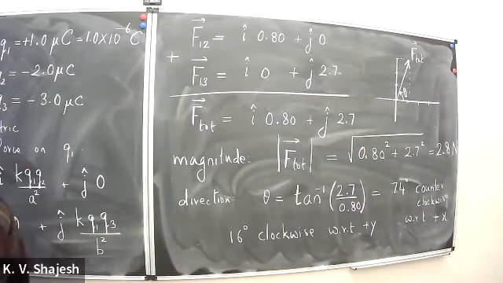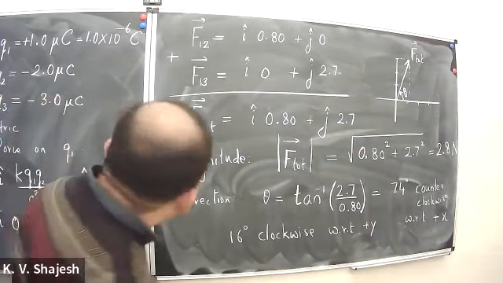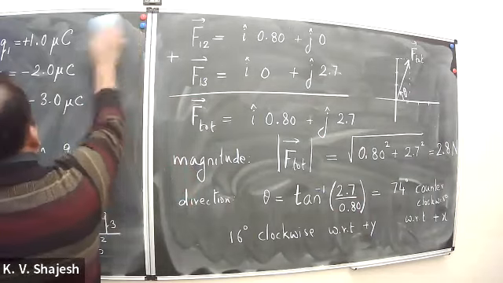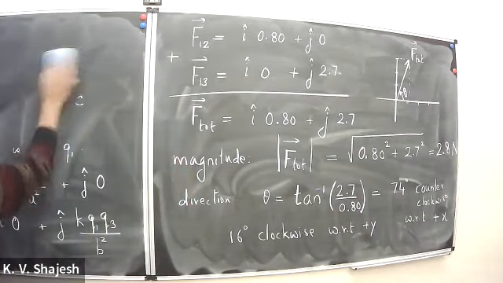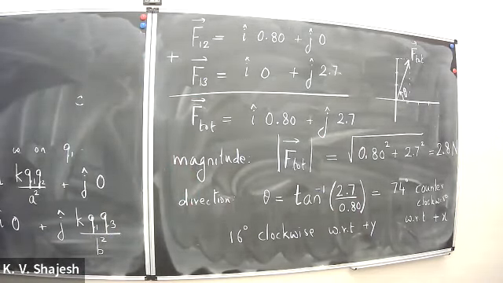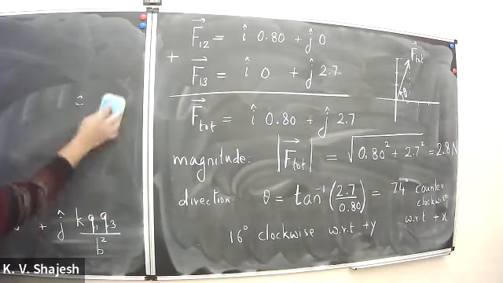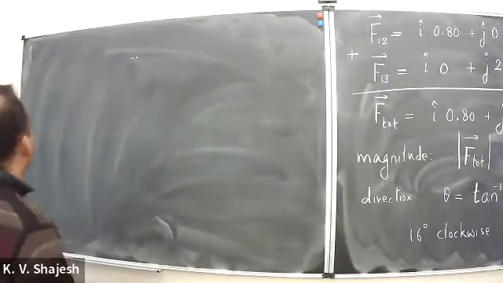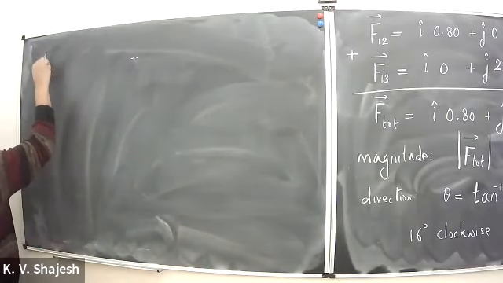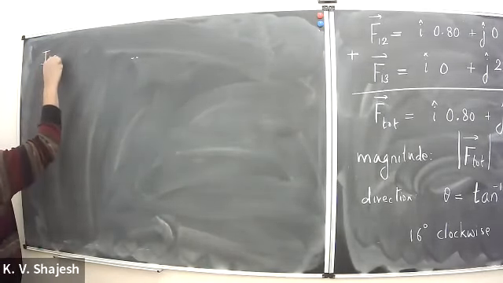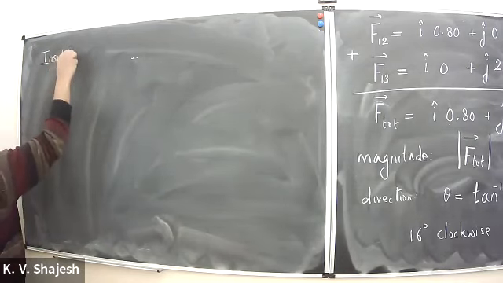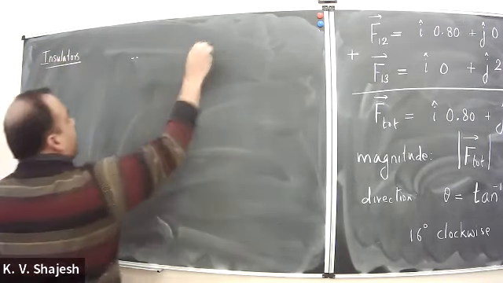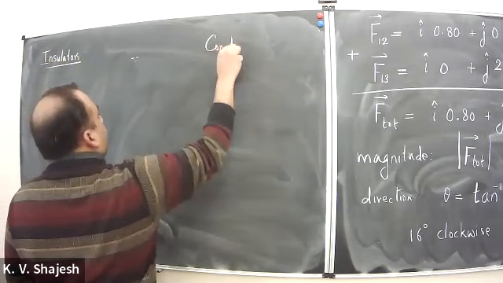But very quickly, in the last 3 minutes, I want to mention one point about insulators and conductors. So let's consider two situations. We have insulators, and there is another situation where you have conductors.